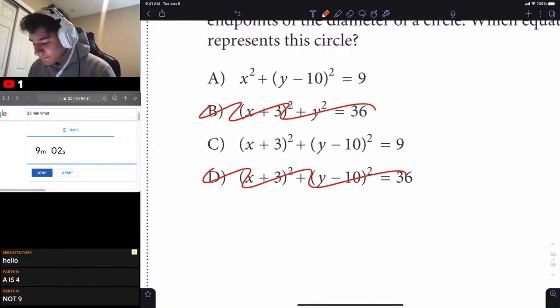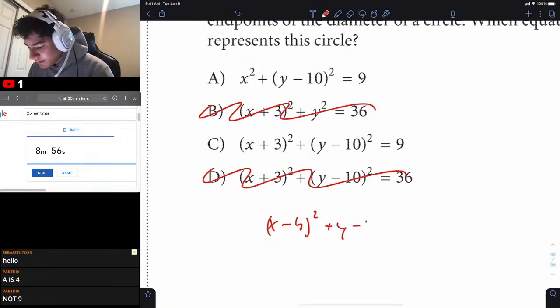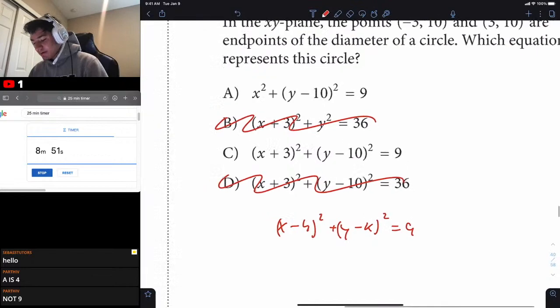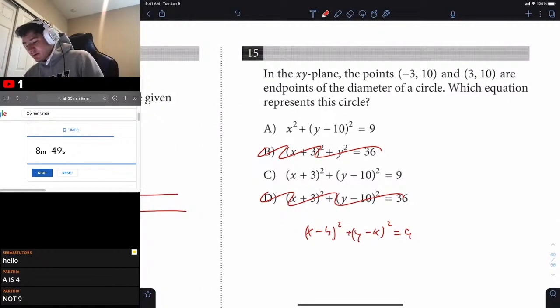Okay. So if that's true, then we get (x minus h) squared plus (y minus k) squared equals 9. Okay, and then we need to find h and k. Let me think here. The points (-3, 10) and (3, 10) are endpoints of the diameter of the circle. I'm pretty sure it's A here.